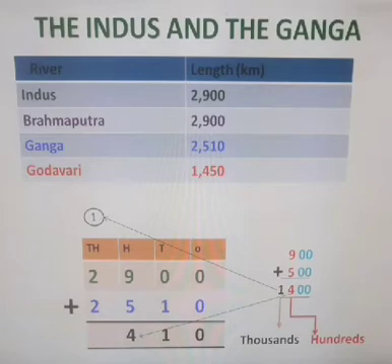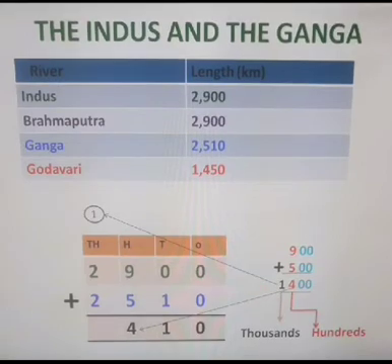Now, we will add the numbers given in the hundreds column. In hundreds column, we have 9 and 5. Children, as these numbers are there in the hundreds column, so let us call these numbers as 900s and 500s. So, on adding 900 and 500, we get 1400.